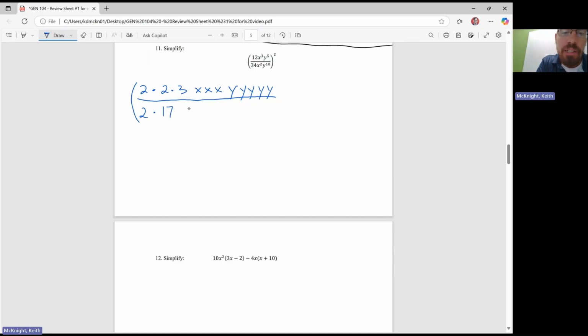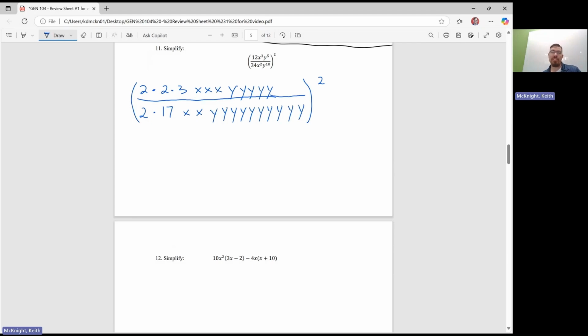Now, x squared is 2 x's, and y to the 10th, this is going to get a bit tedious, but we're going to write out 10 y's. Now, this is all being squared, but again, we're going to take care of that square in a second.